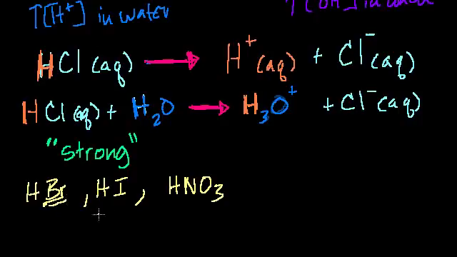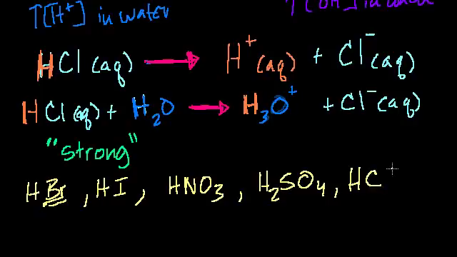In the case of chloride or iodide, these are halogens, but they're going to form negative ions, whatever's left over. Nitric acid, then you have sulfuric acid. You've probably heard of that, very strong acid. Sulfuric acid, and then perchloric acid, HClO4. These are the strong acids. And these are good to know because if you see them on a chemistry exam, you know that these are going to completely disassociate.